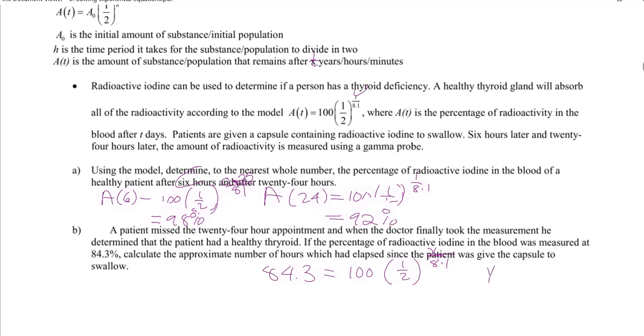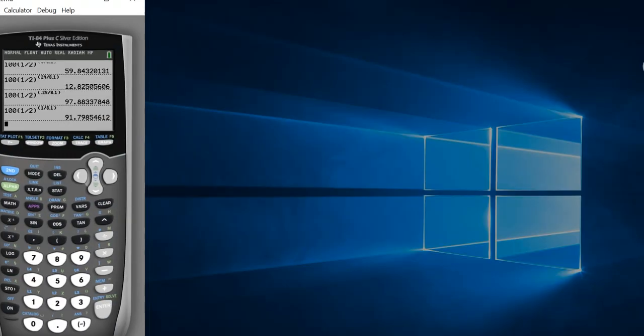Y1 will be 100 times 1/2 to the x over 8.1. Y2 will be 84.3. So remember, we're going to get days. So we know that 1 day is 92%.